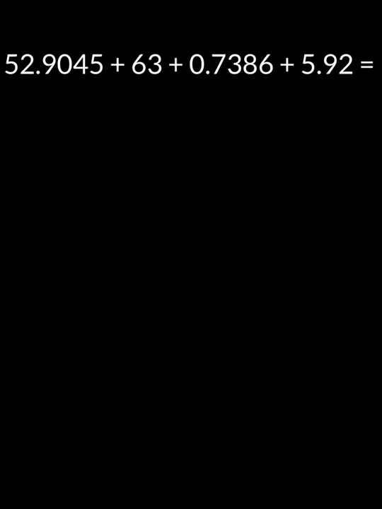Let's take a look at another example. 52.9045 plus 63 plus 0.7386 plus 5.92 equals. So our first step, remember, is to line them all up according to place value and their decimals. So that will look like this.